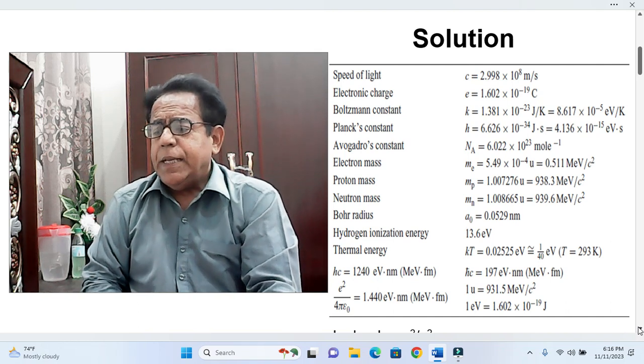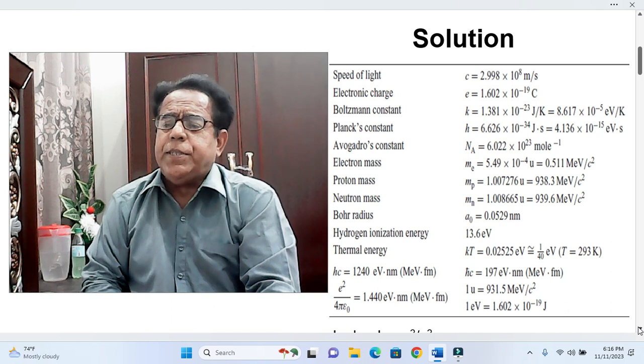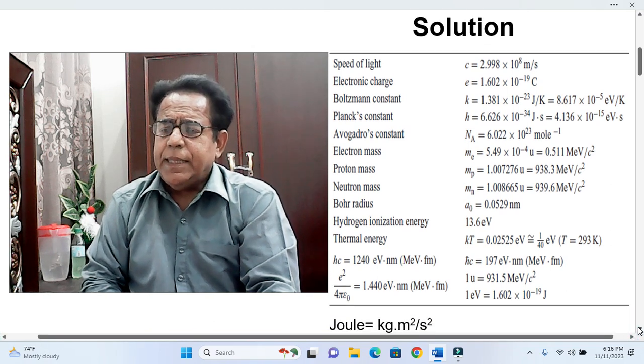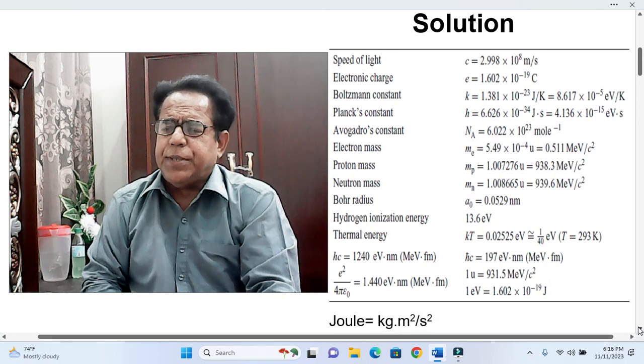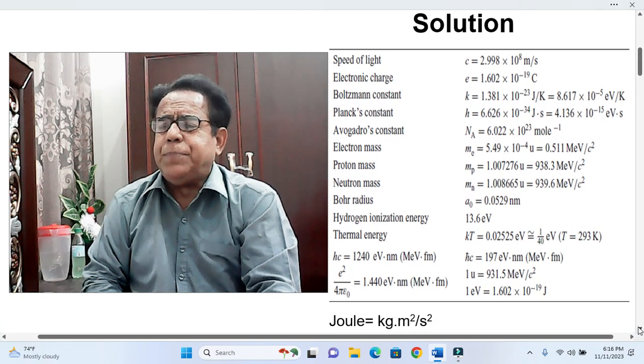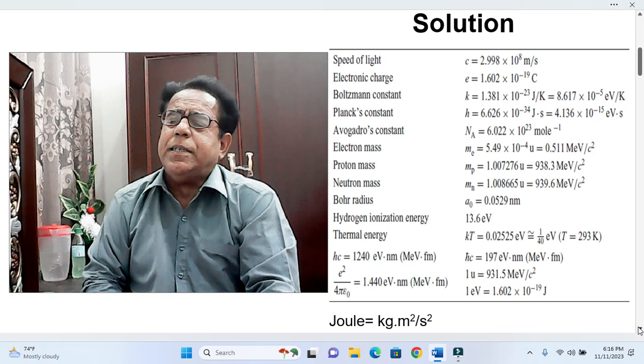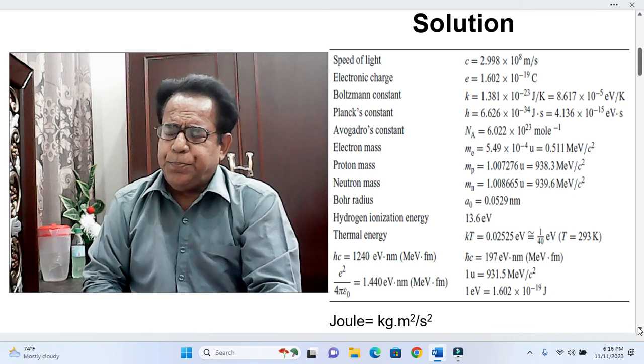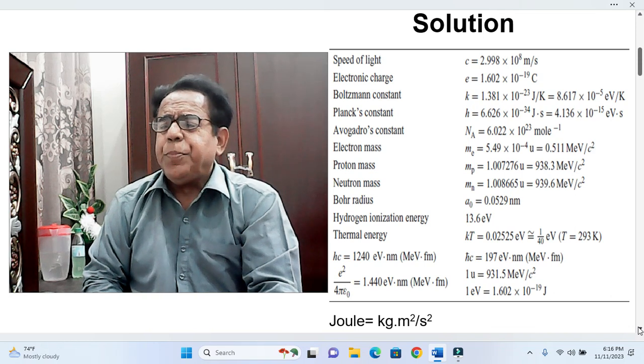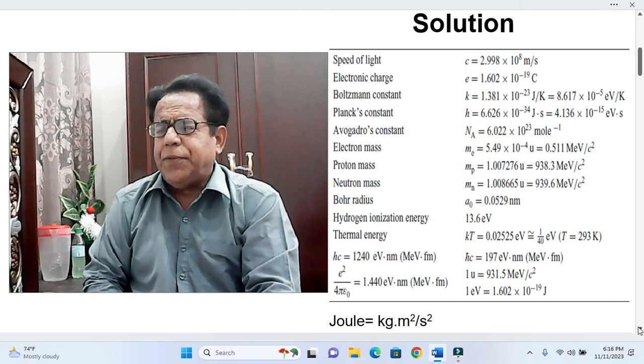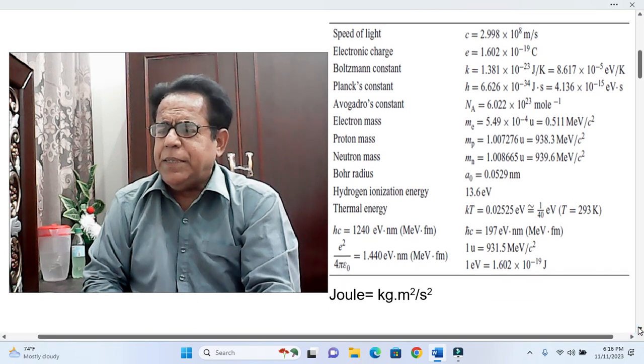First snapshot is a table of physical constants. A lot of physical constants have been given, and this table has been taken several times in our previous problems and videos, so we do not give enough time, and we move forward.